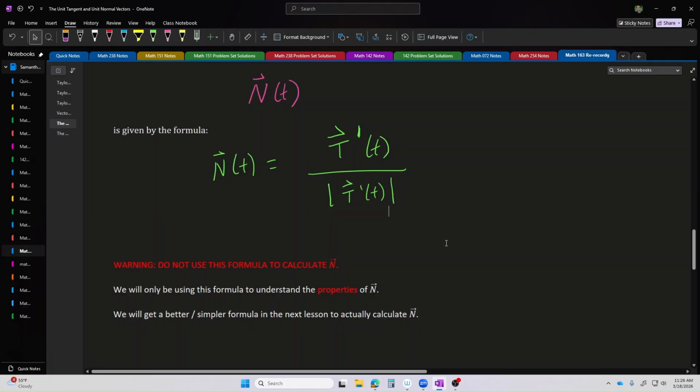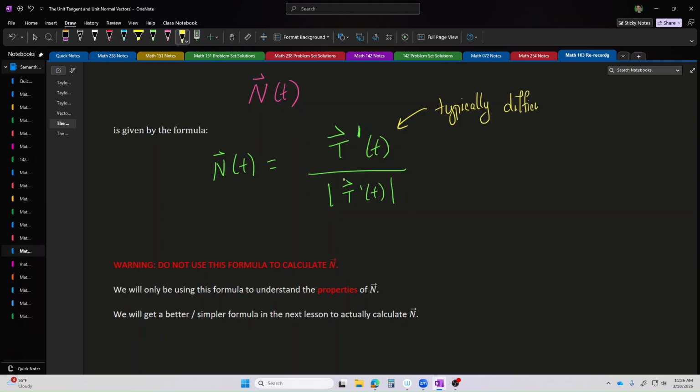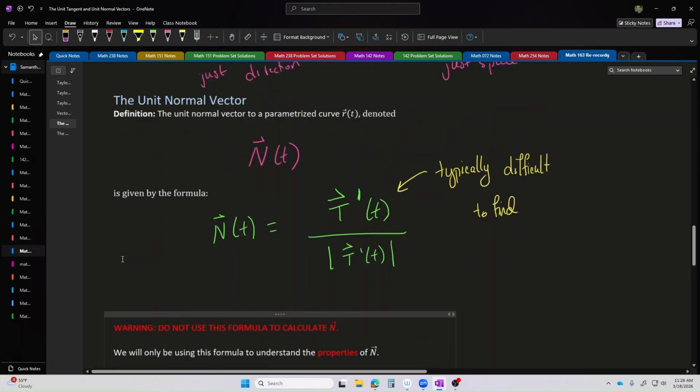So what we're going to do today is use this formula just to understand the properties of the unit normal vector and how it appears on the graph of a parameterized curve. When it comes to actually calculating the unit normal vector, we will see a better formula in the next lesson that will allow us to calculate N a lot more easily.